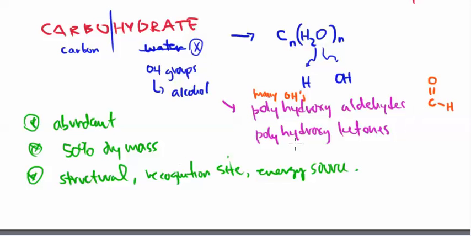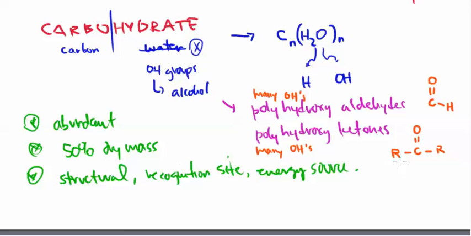The same is going to hold true for the polyhydroxy ketones. Polyhydroxy basically means many OHs again, but this time it's on an organic compound that's classified as a ketone, which means a carbon double bond O, and on this side we have some kind of random alkyl chain, and on this side we have some kind of random alkyl chain.